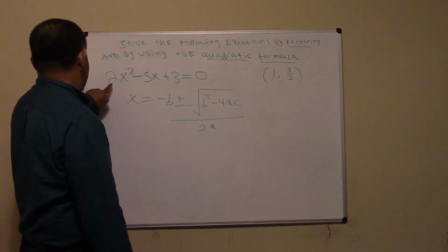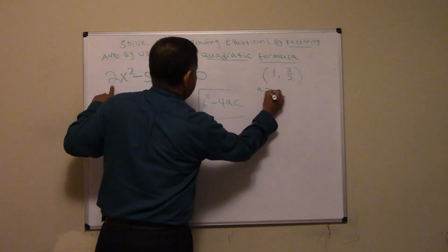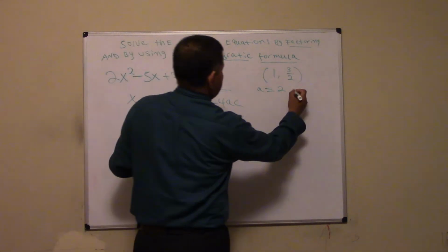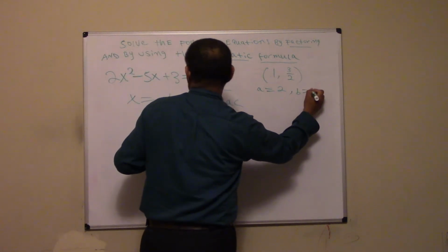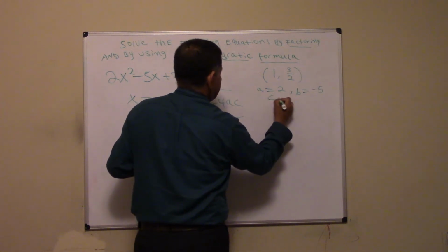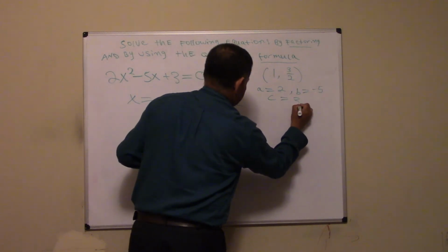Here a is equal to 2, b is equal to negative 5, and c is equal to 3, right?